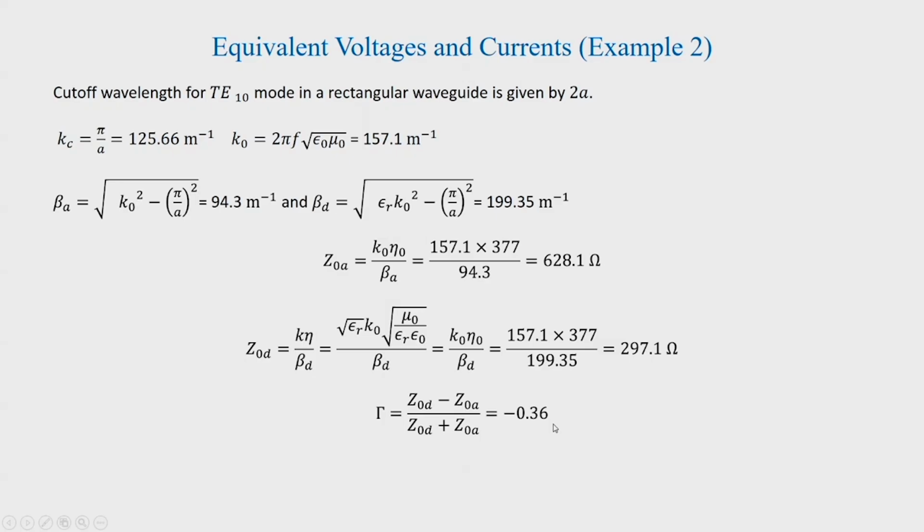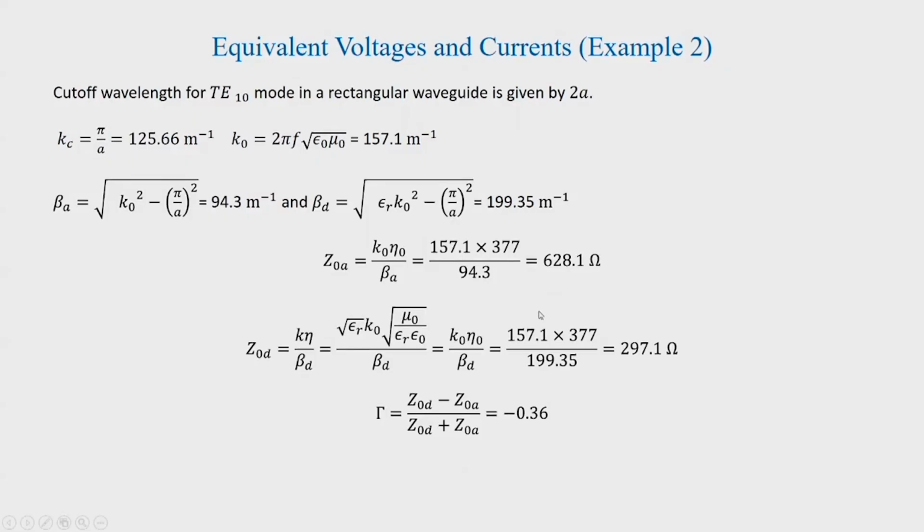So, this is how we can apply the concept of equivalent transmission line voltages and currents for a single propagating mode, and we can calculate the reflection coefficient at the interface of this air and dielectric.